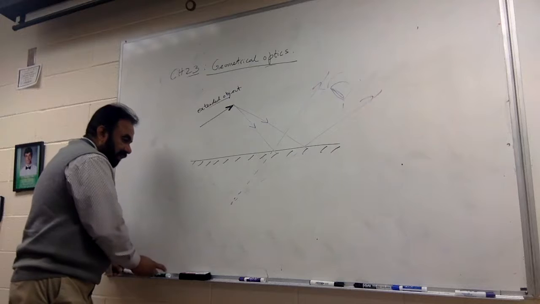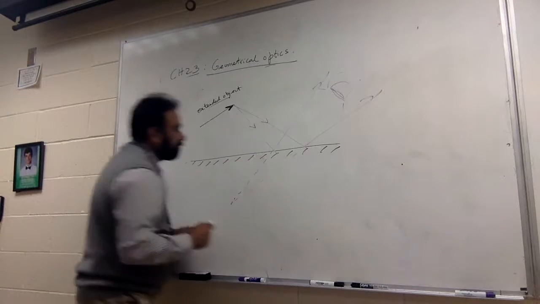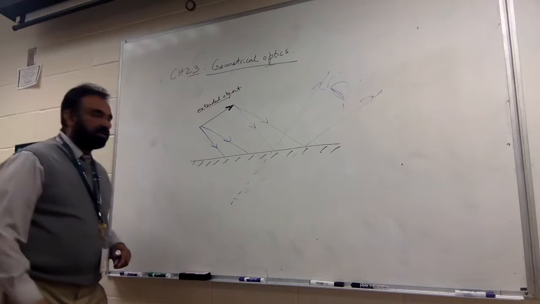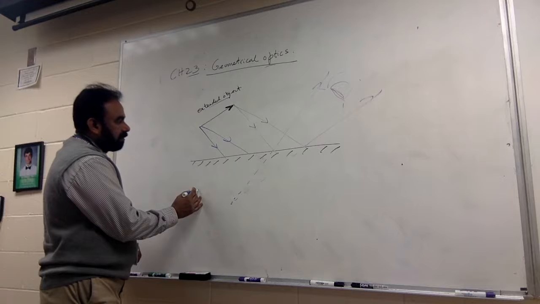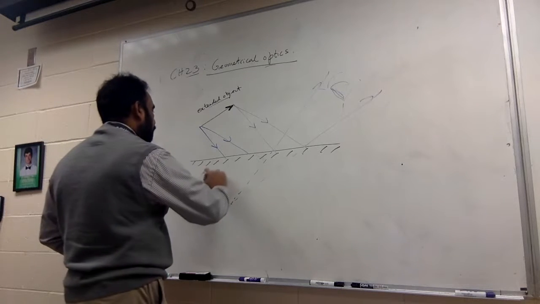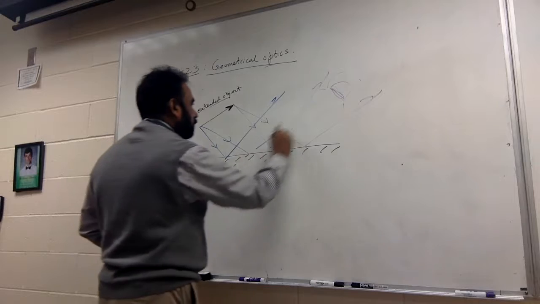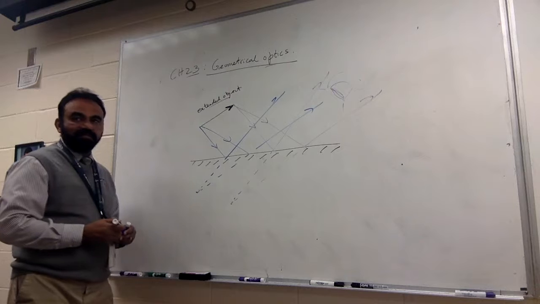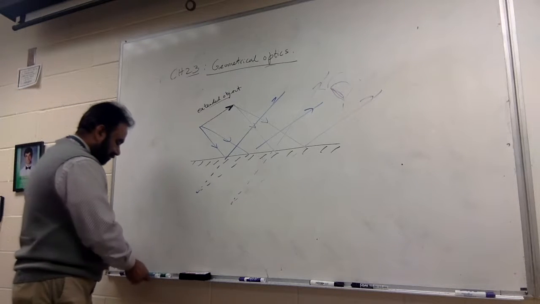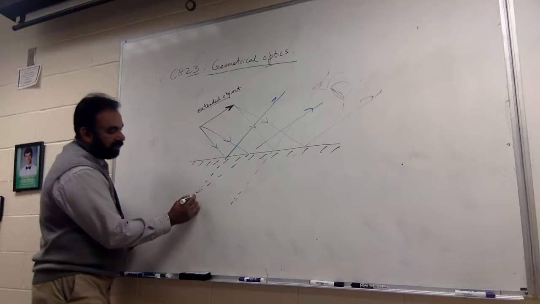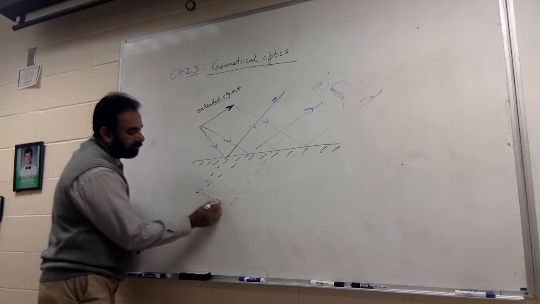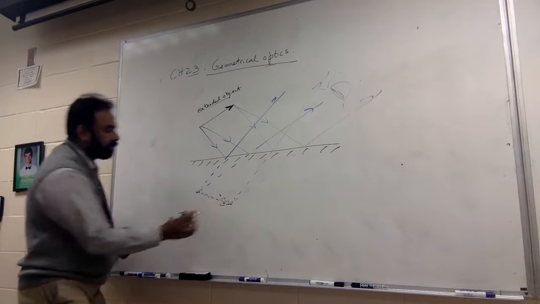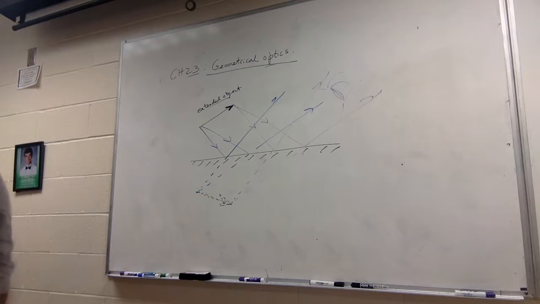Now where's the tail of the arrow going to be? Take two rays from here. The tail of the arrow is going to be here. So where is the image? That's the image of the object.